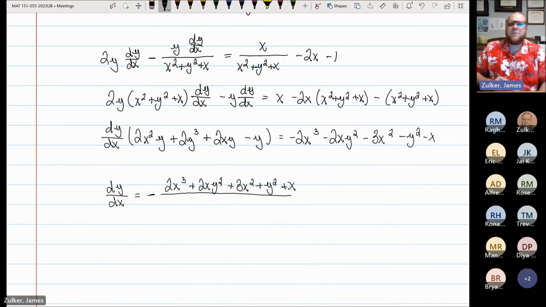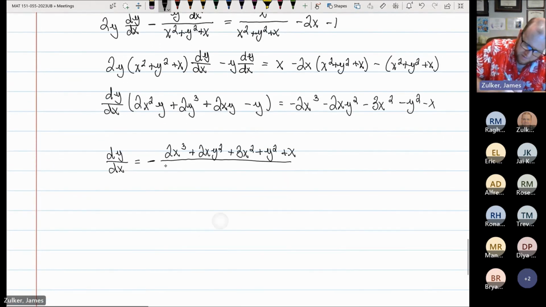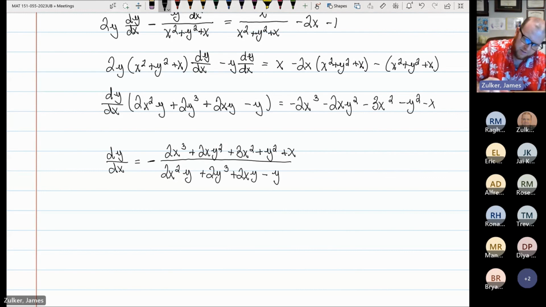I'm going to factor negative out from the right-hand side. At the same time, I'm dividing by this term, this 2x squared y plus 2y cubed plus 2xy minus y.